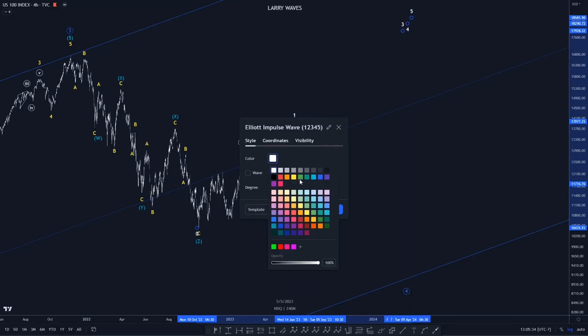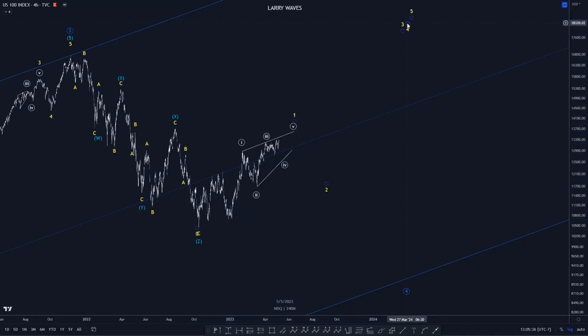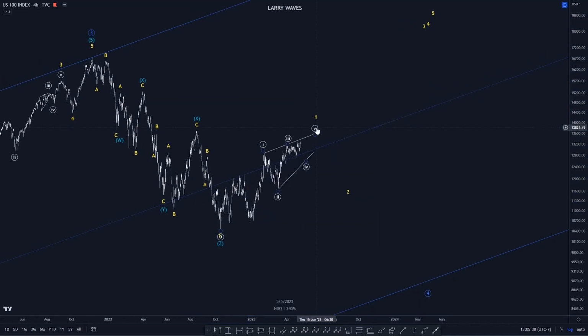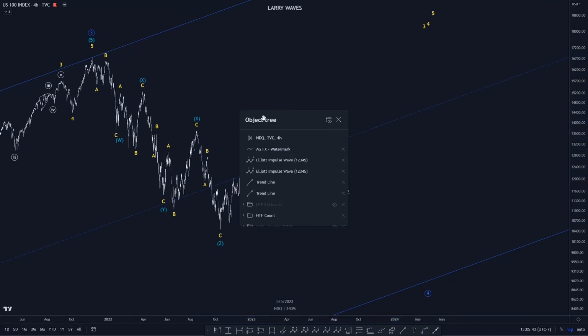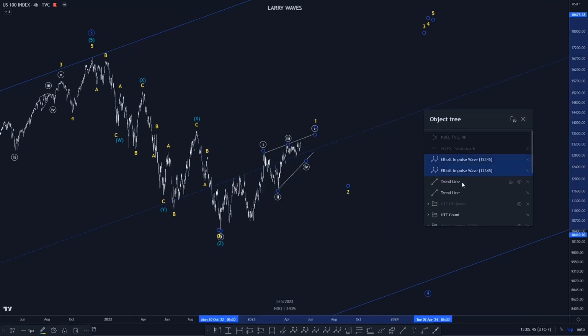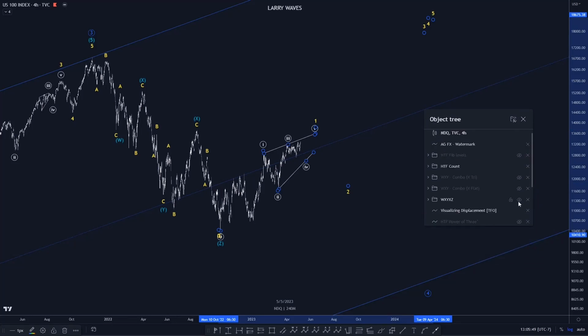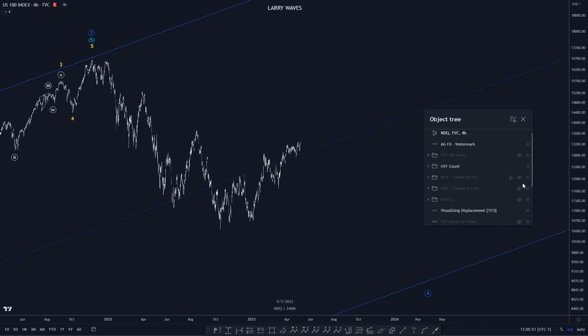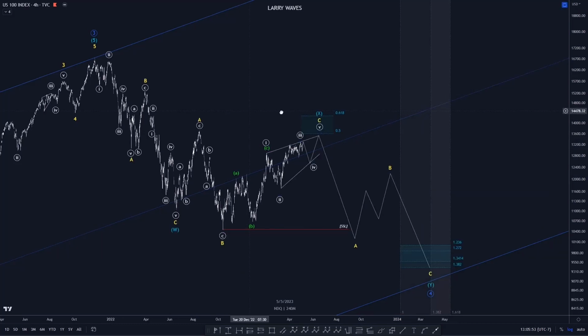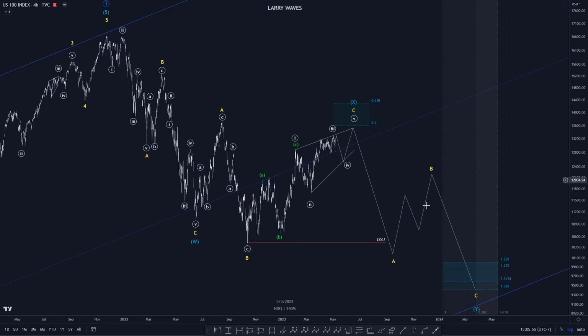Basically like that. But I am still going to put more weight on the bearish counts. Something like this.